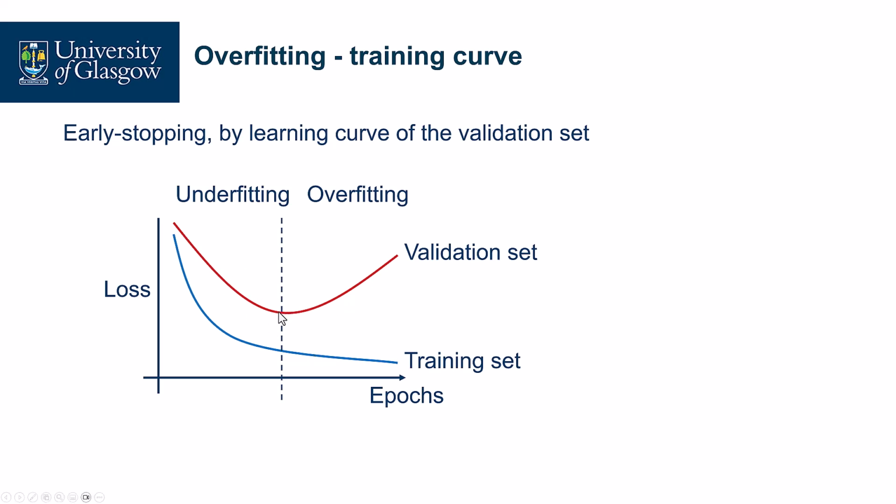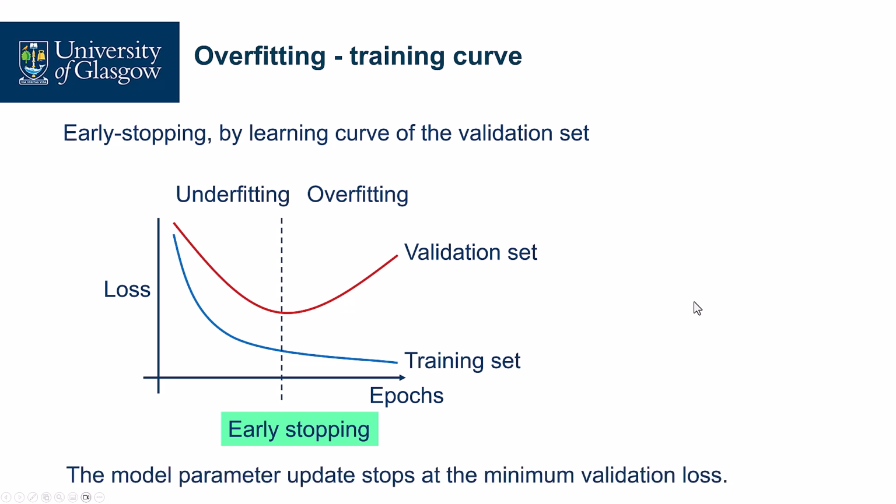So the error of the validation set could remain unchanged or even grow. This point is the time to stop. The model parameters stop updating at the minimum validation loss. This is a clever method to avoid overfitting.